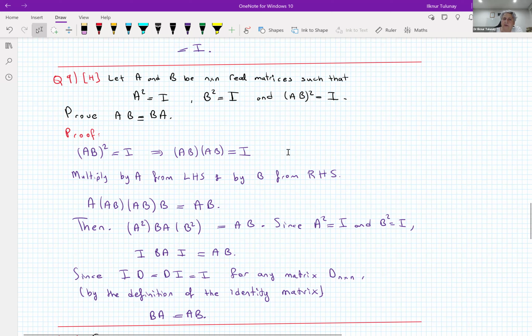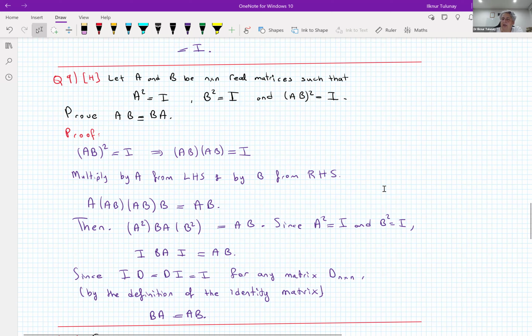And this is the equality. Now we would like to prove that AB is equal to BA, and now I have many things here, and I know that A squared is identity, B squared is identity. So if I multiply this from the left-hand side by A, I will have A squared, which will give me the identity, right? If I multiply this from the right-hand side with B, I will have B squared, which will give me the identity.